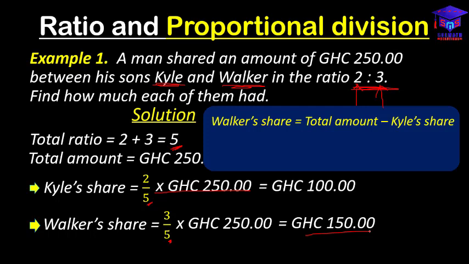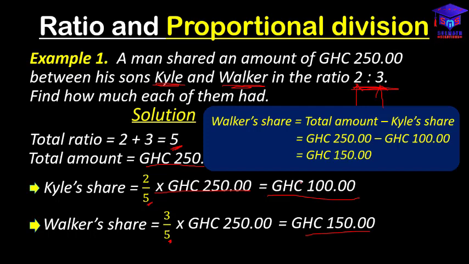So if I subtract my 100 cedis from the 250 Ghana cedis that we are supposed to share, the balance becomes yours. So this is equal to 250 minus 100, and that will be equal to 150 Ghana cedis, which is exactly the same as what we had over here.